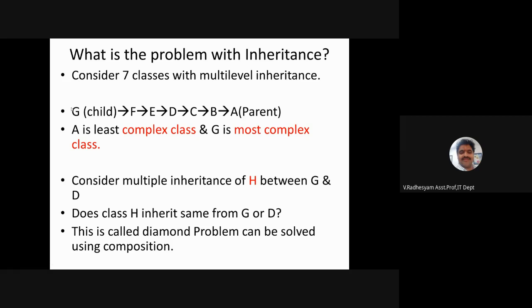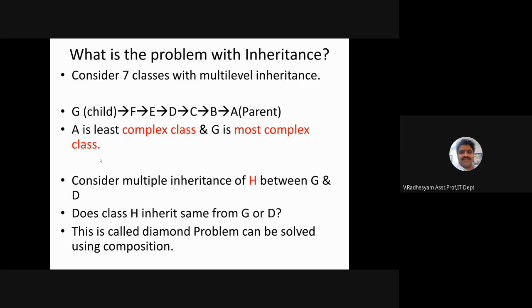Here G can use the methods of F, E, D, C, B, and A. All the methods can be used by G, but E can use methods only up to D, and C can use methods only up to B, and so on. So G is dependent on all these superclasses, which makes G the most complex class.